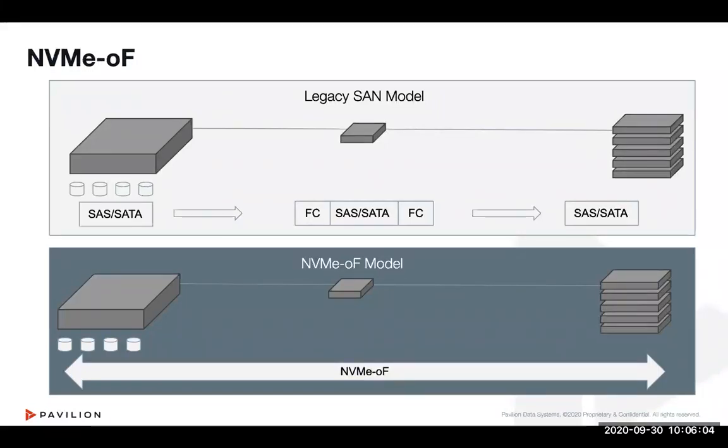So when you look at those drive interfaces in a legacy SAN model, or this could be a legacy NAS model as well, data comes off of the drives in the SAS format if you're using spinning disk, or in the NVMe format if you're using NVMe. And when that data is then put out over your SAN, it gets encapsulated in the protocol being used for your network, whether it's fiber channel.